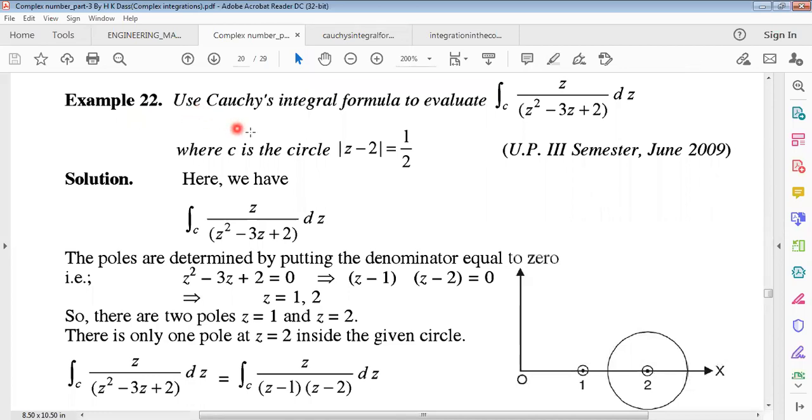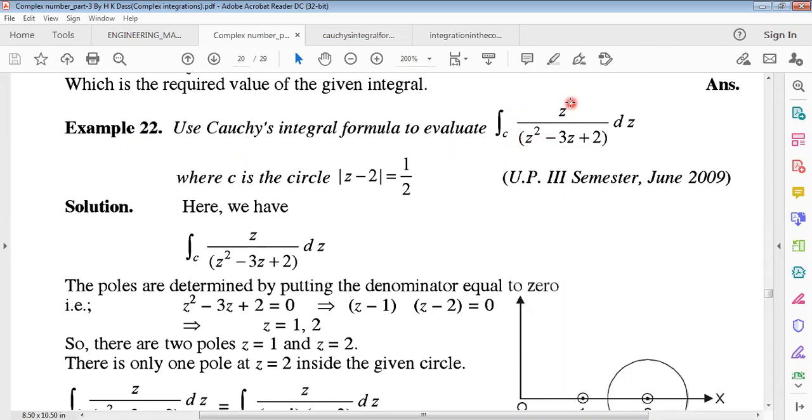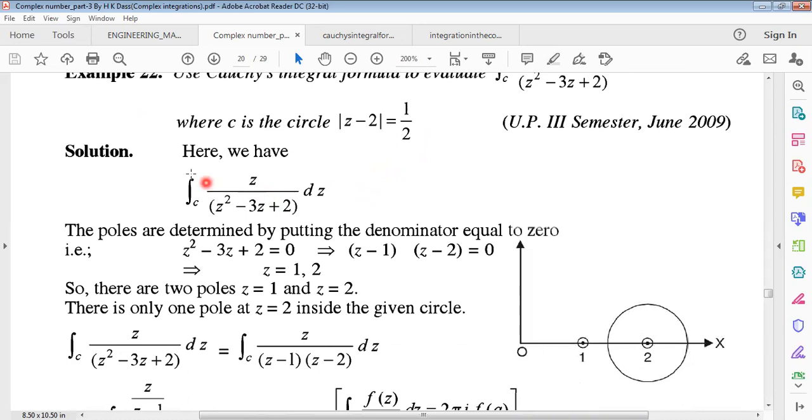Now another example: use Cauchy's integral formula to evaluate the contour integration of z divided by z square minus 3z plus 2, where C is the circle |z minus 2| equals half. Here we are given a complex variable function. The poles are determined by putting the denominator equals 0, because then it becomes non-analytic.